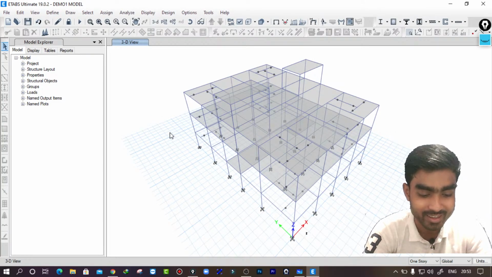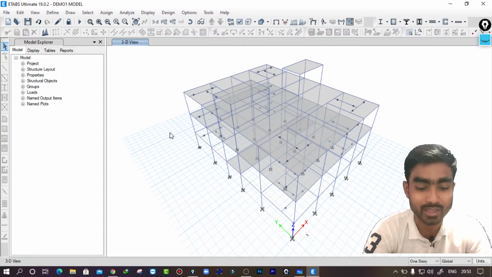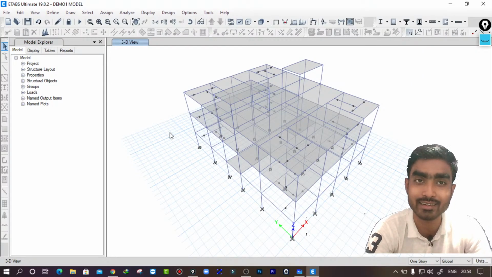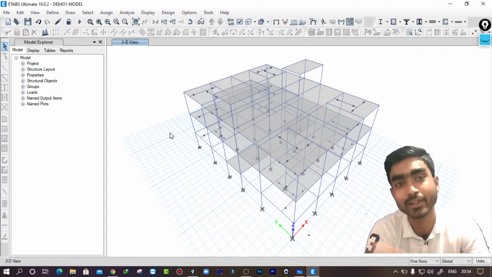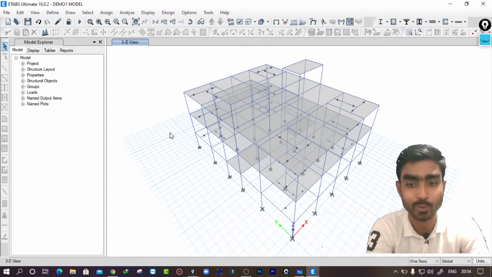So the use of reference load case is that it is a concept of STAAD.Pro. The thing that mass source is doing here in ETABS, that means the seismic mass, the same thing the reference load is doing there in STAAD.Pro.